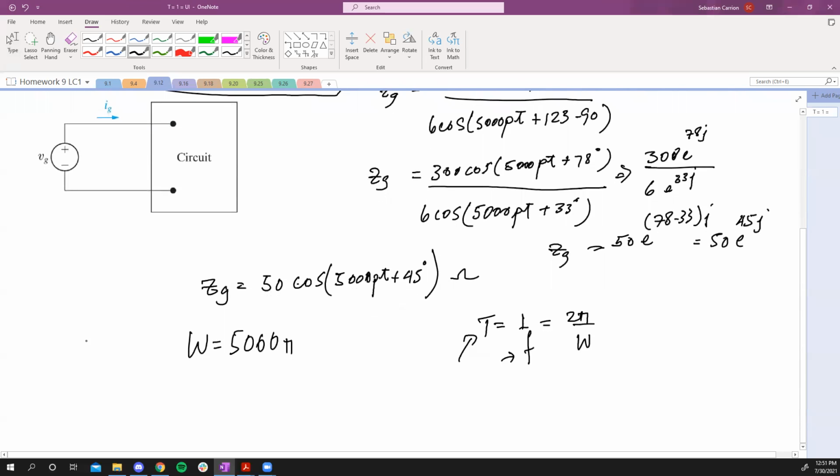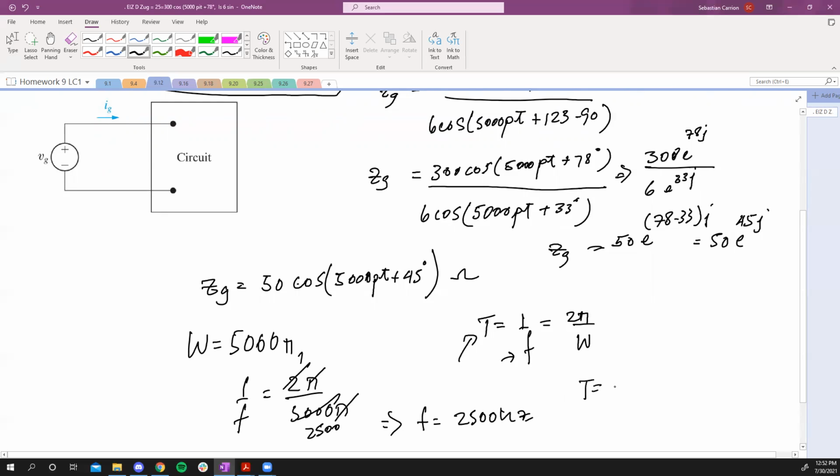So we know the frequency, so let's solve for this. 5,000π over 2π, okay, so the frequency is 2,500 hertz.